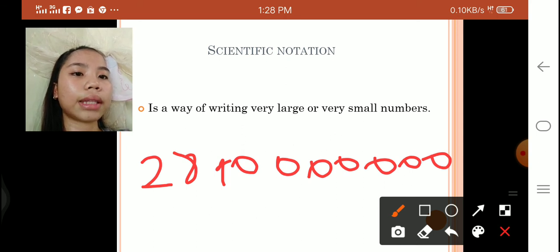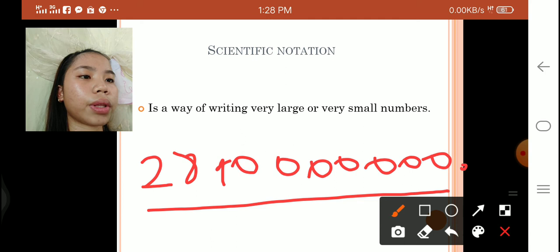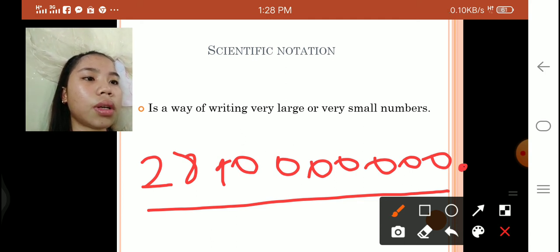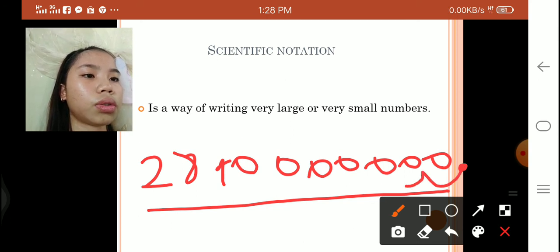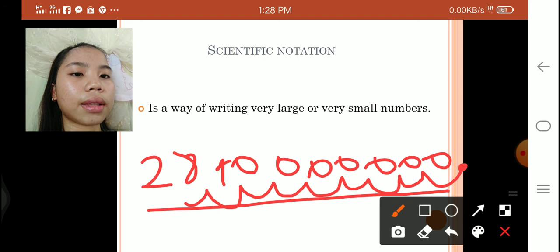We can write this as a very large number. The decimal point is here. So, let's move the decimal point to the left. 1, 2, 3, 4, 5, 6, 7, 8, 9.